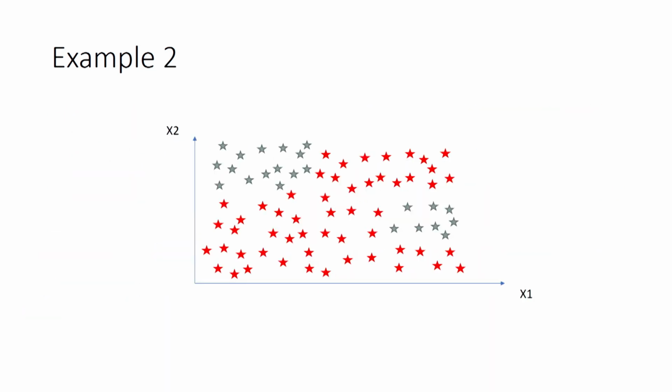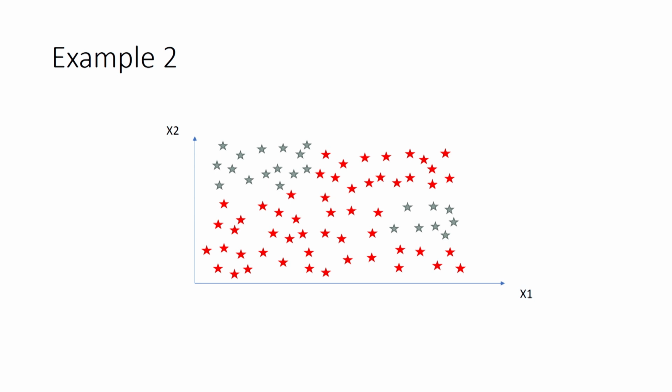So suppose this is the data set. In your data set you have two classes. Since this is a classification problem, definitely the response variable will have classes. So let us talk about binary classification. There are only two classes in the data set.